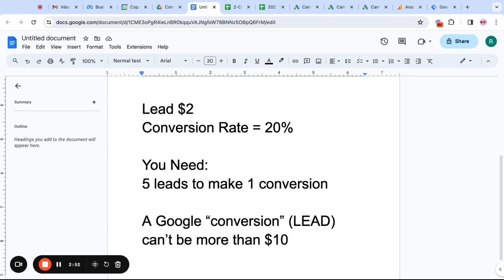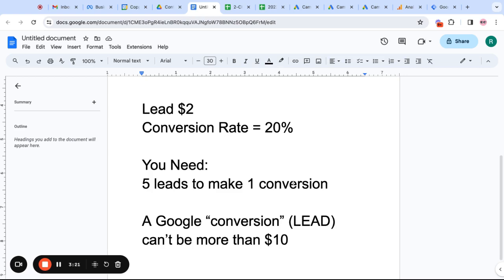costs $2 and your conversion rate is 20%, meaning that out of every 10 leads that you get, 2 people are converting, what you need to do is reverse engineer that to say, okay, if it takes 5 leads for me to make 1 conversion, in this case, a lead is $2, so $10 to get 5 leads, and one of those people converts.